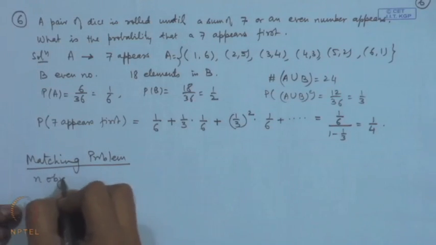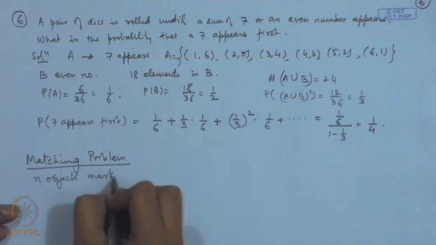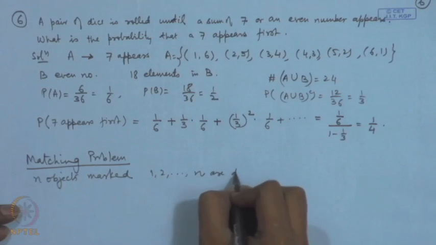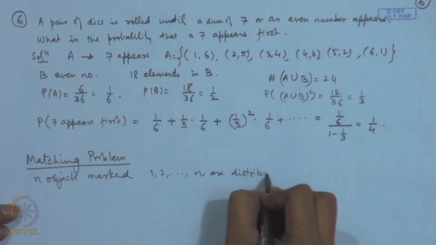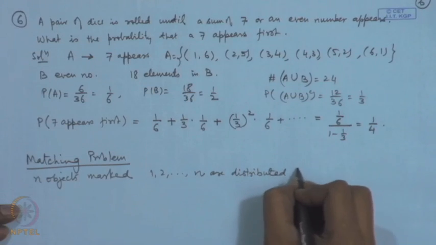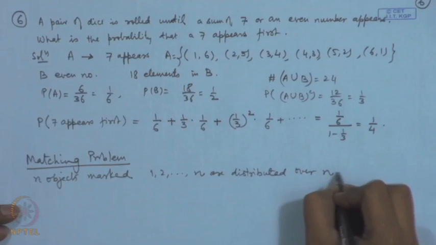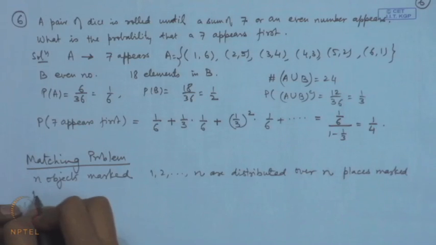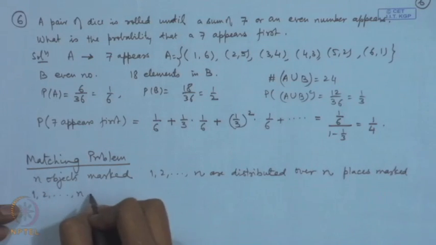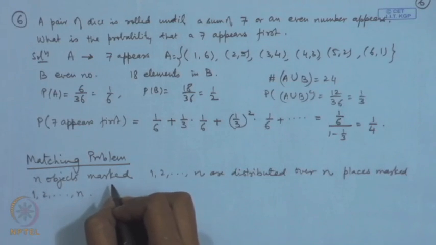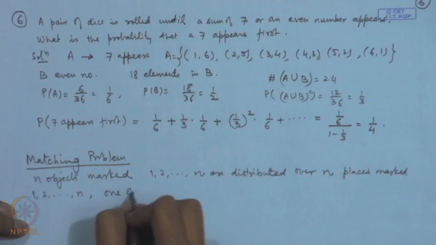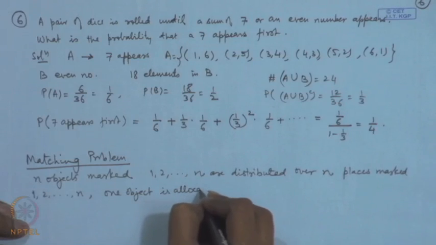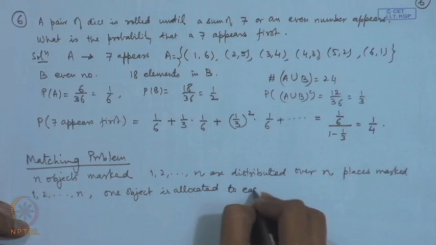N objects marked 1 to n are distributed over n places which are also marked 1 to n. That is, one object is allocated to each place.